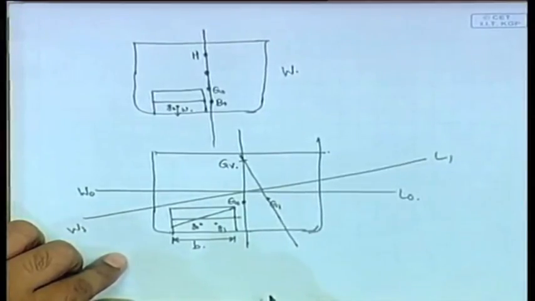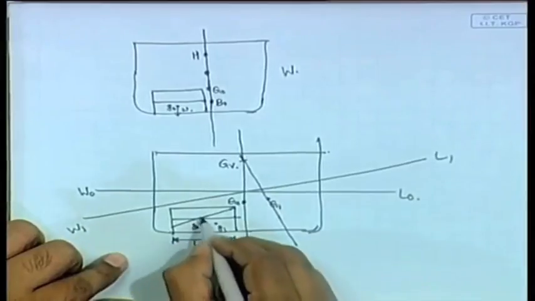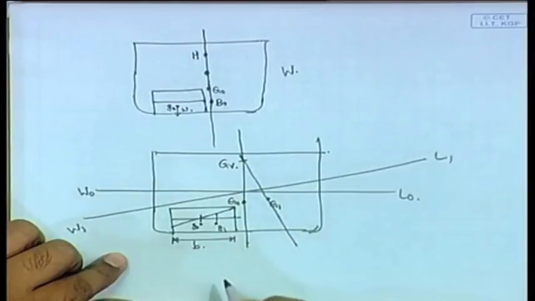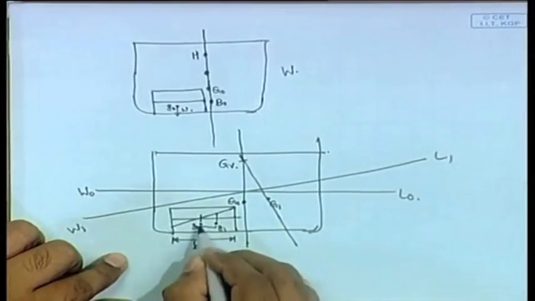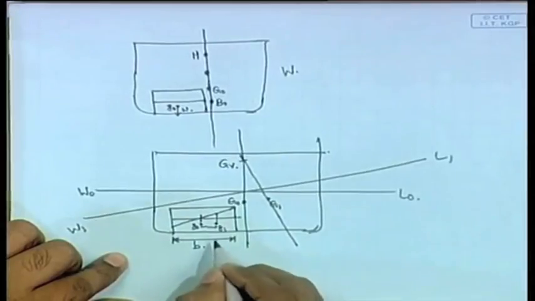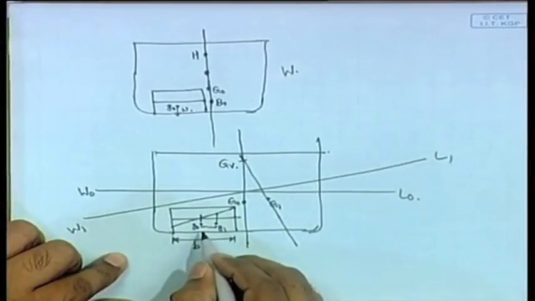Now, what will be this distance, I mean this g0 is b by 2, it will be at the center, right. g0 is the center of gravity of that water body.